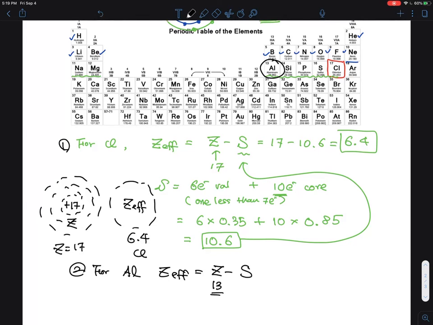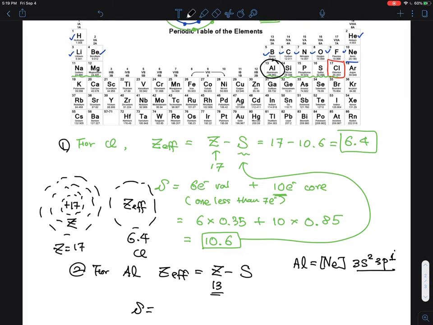Now let's talk about S. How many valence electrons are we talking about here? Let's solve it in a different way. Aluminum is essentially neon, then 3s2, 3p1. These are the electrons in the valence shell.